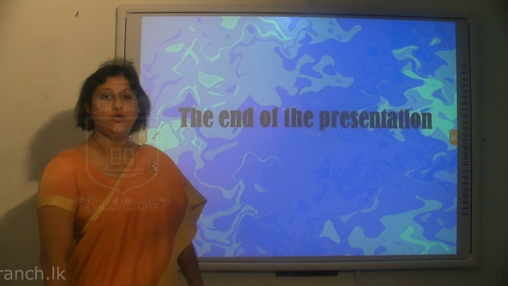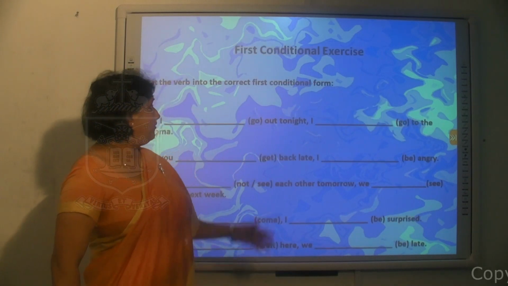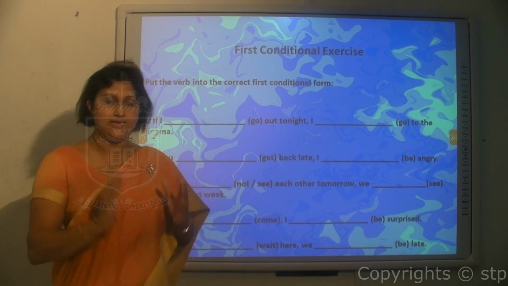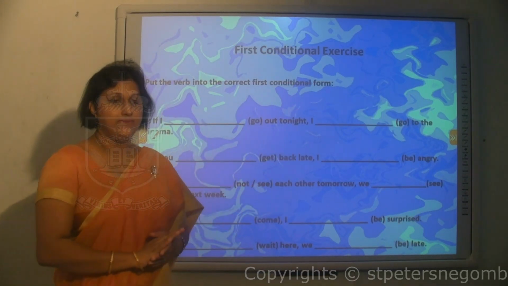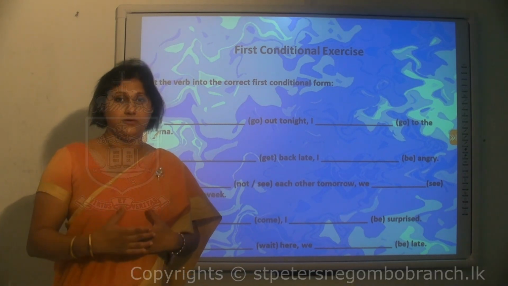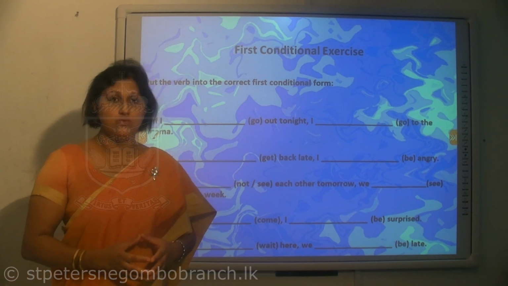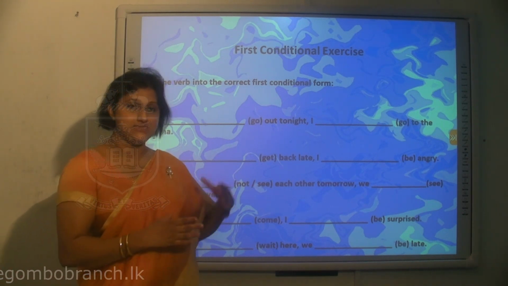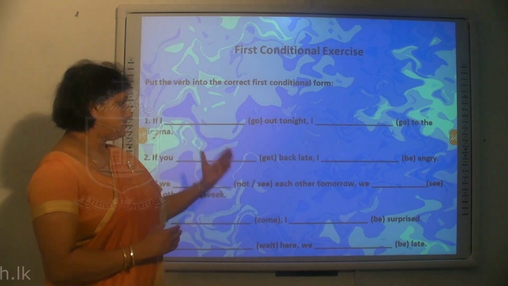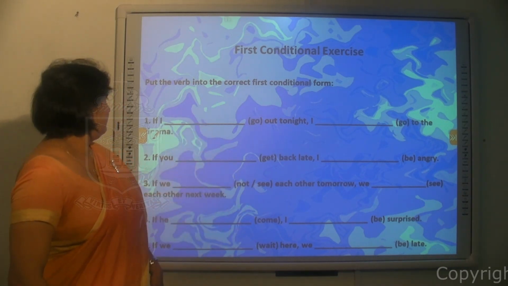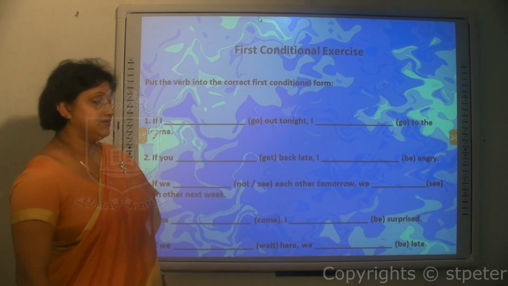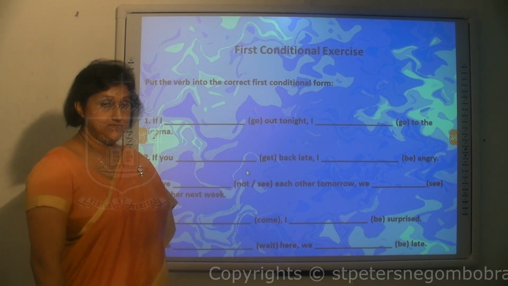So this is the end of the presentation, and now we are moving on to a short exercise under conditional type 1. I have given you a set of examples under conditional type 1 and conditional type 2. You can move on to your exercises after my explanation. To brief you on the first conditionals, I have given you 5 sentences.